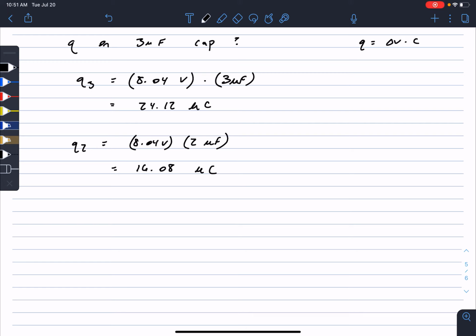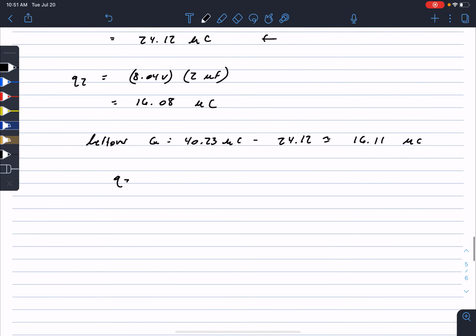So the leftover Q earlier was 40.23 microcoulombs, and then we subtract 24.12, and we're still left with about the same answer. Either way, Q2 is approximately 16.1 microcoulombs. Oh, we were asked to do that. Good. And we just did it without being prompted. How about that? Okay.